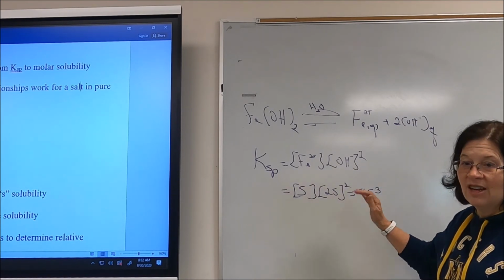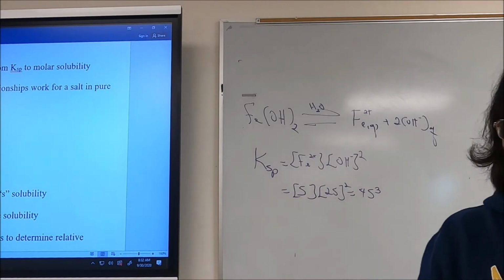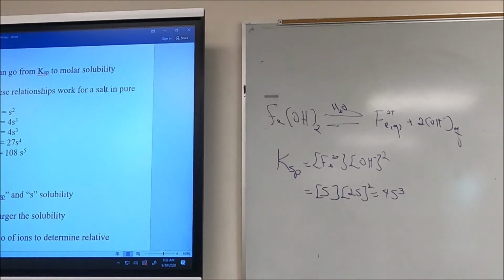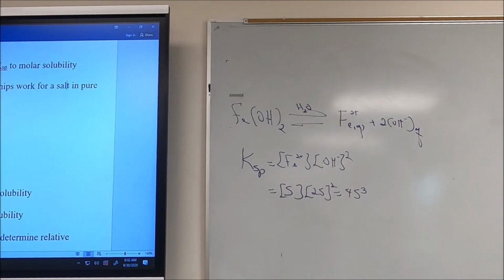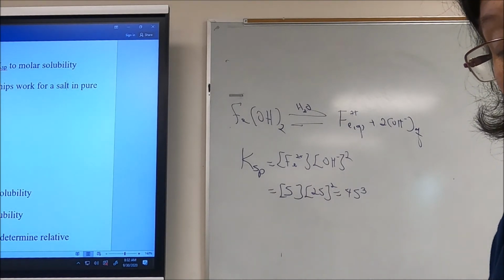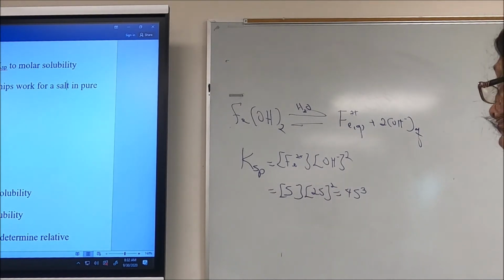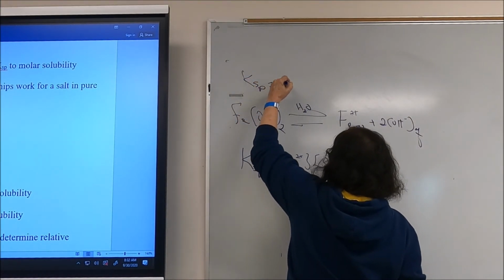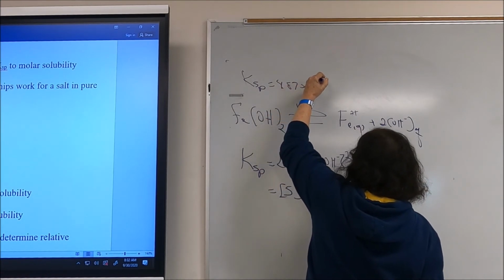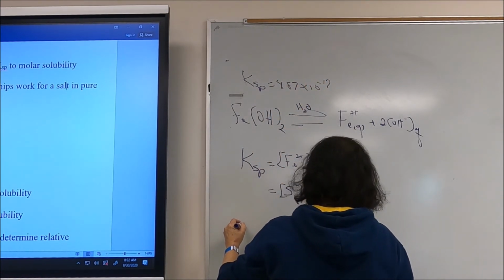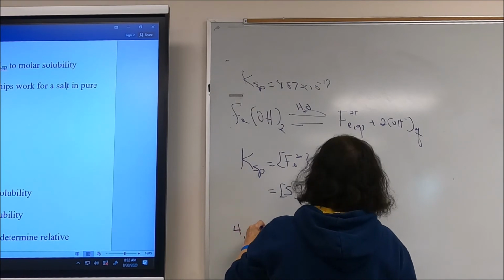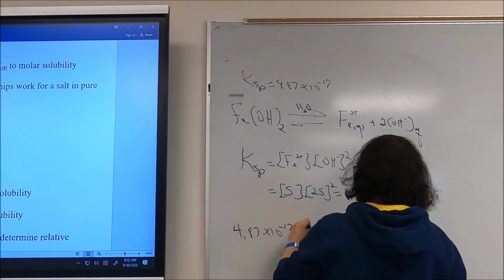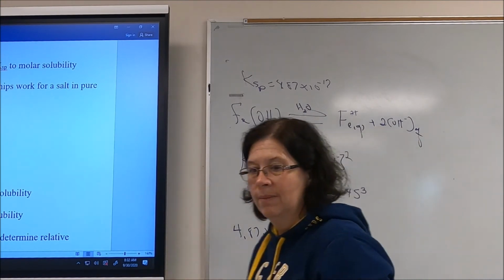Okay, now you could cut to the chase, but I'm trying to be overly careful. Now your book gives you a chart of KSP values. For iron 2 hydroxide, KSP equals 4.87 times 10 to the minus 17. So if I plug that in here, 4.87 times 10 to the minus 17 is equal to 4s cubed.